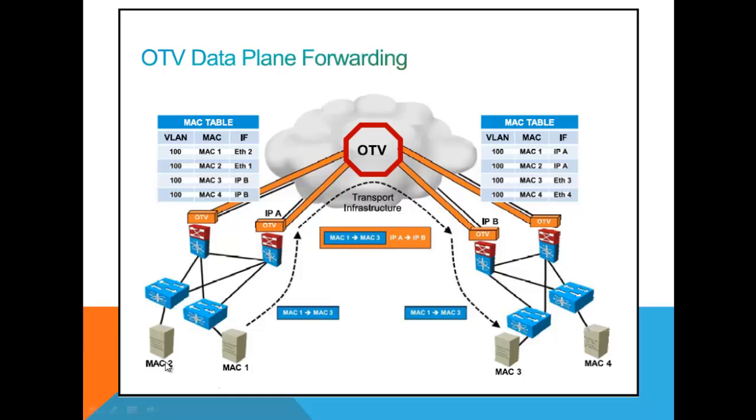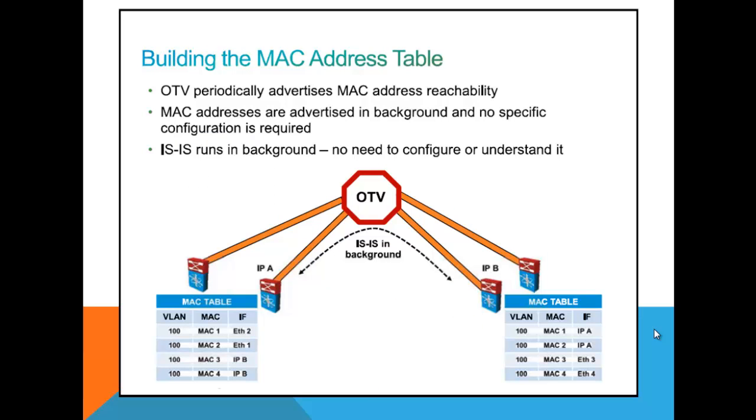MAC 1, MAC 2, MAC 3, MAC 4 feel that they are in the same local area network where you don't have multiple broadcast domains. You break the barrier there. It is a protocol called IS-IS that is working in the background to advertise the MAC addresses between data centers. They send the MAC addresses periodically and update.